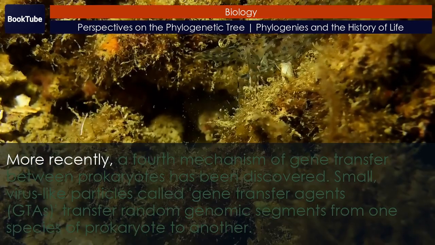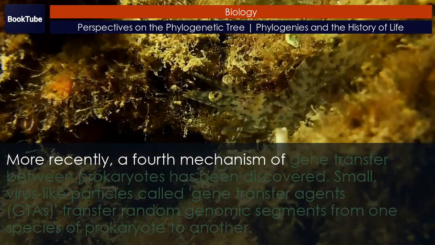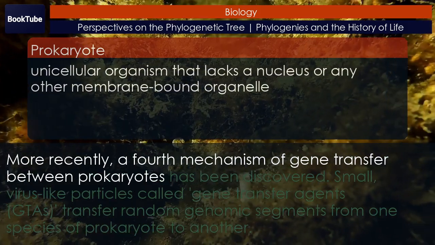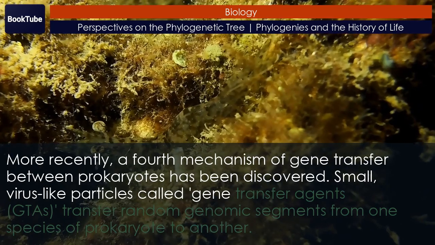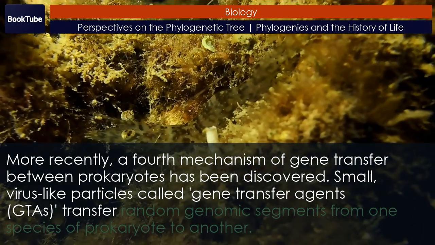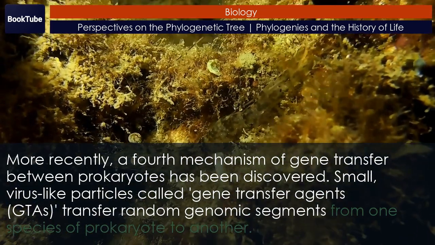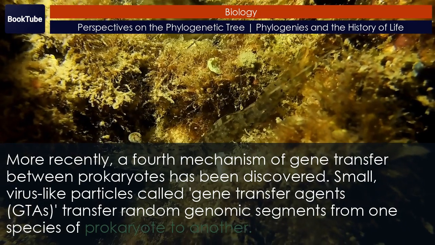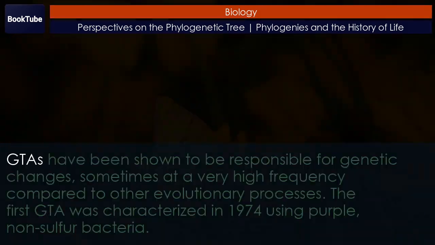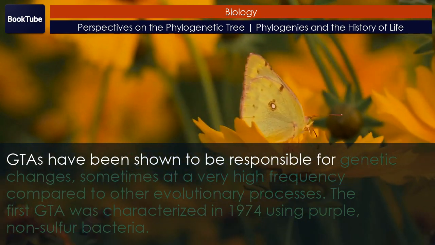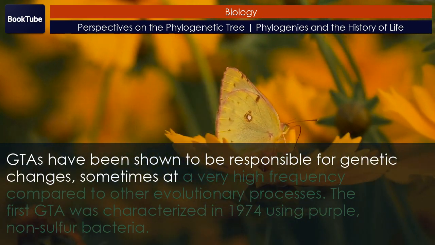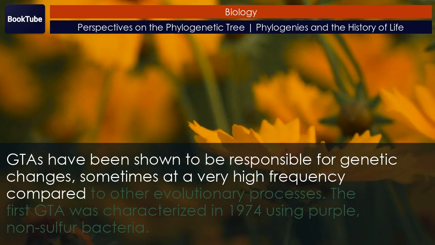More recently, a fourth mechanism of gene transfer between prokaryotes has been discovered. Small, virus-like particles called gene transfer agents, GTAs, transfer random genomic segments from one species of prokaryote to another. GTAs have been shown to be responsible for genetic changes, sometimes at a very high frequency compared to other evolutionary processes.